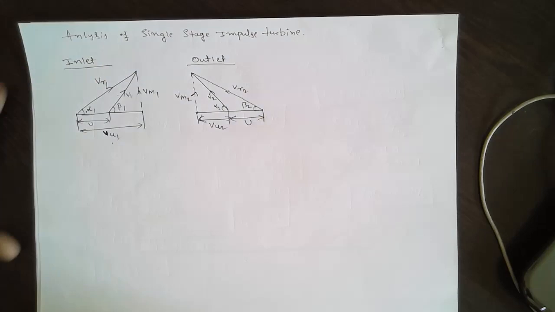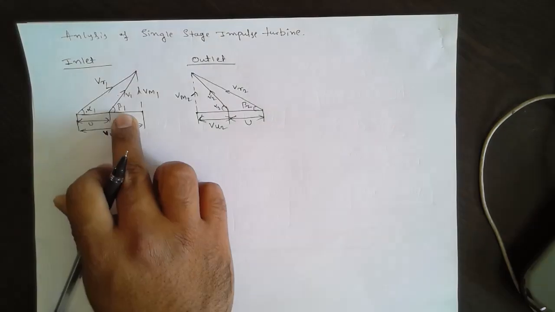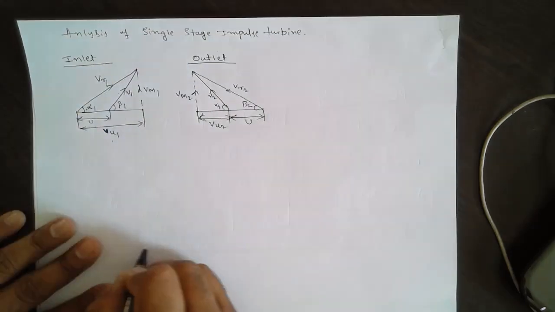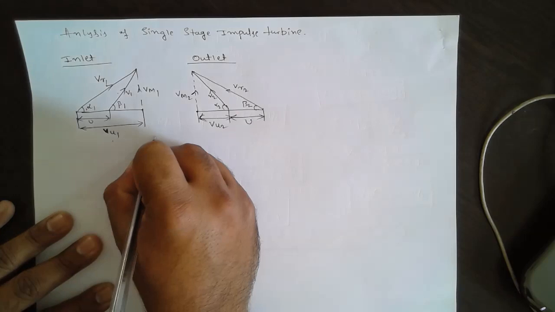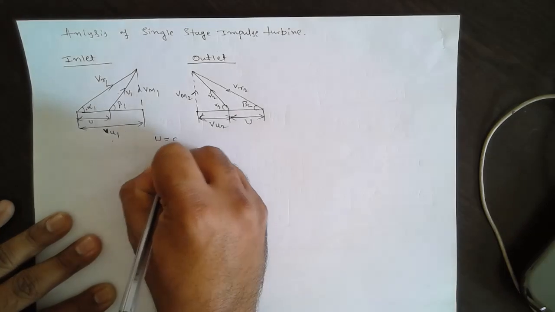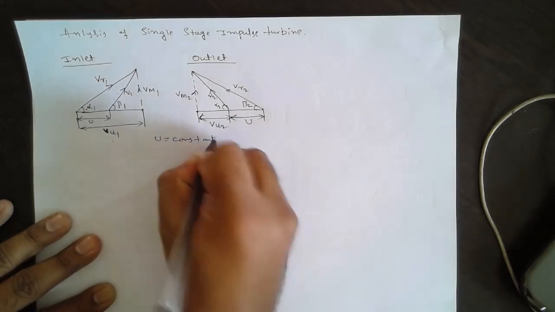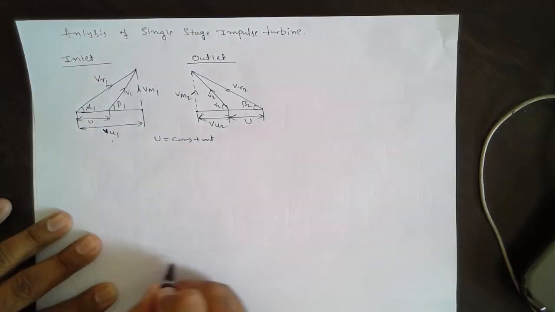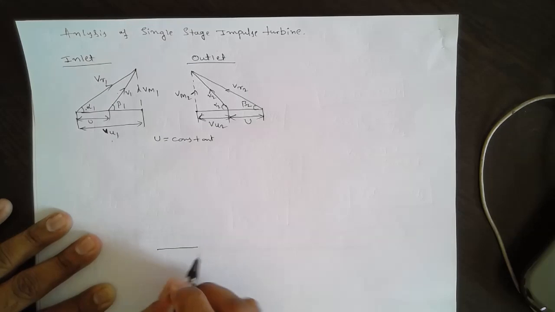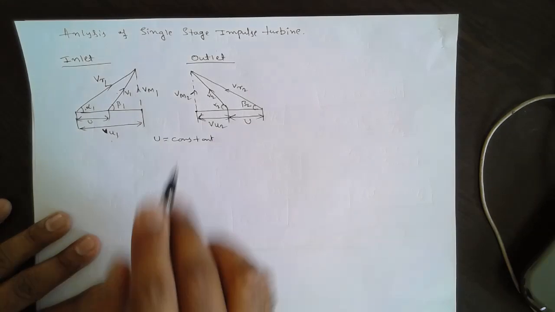In the single stage impulse type of turbine, U is considered constant. We combine the inlet and outlet velocity triangles.